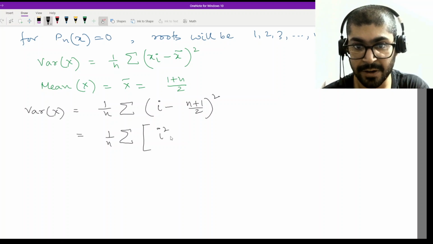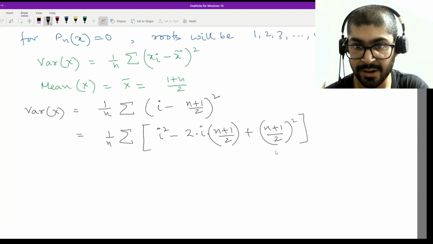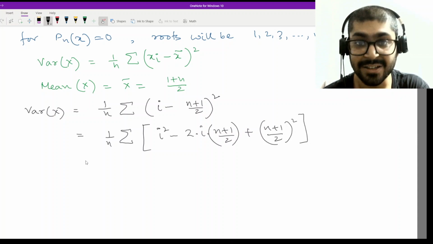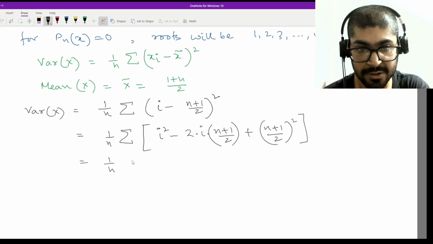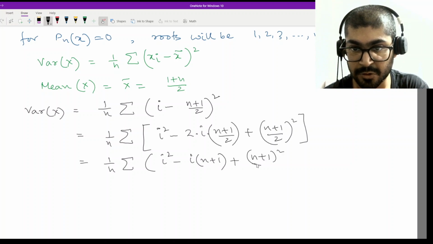That will be i square minus 2 into i into (n plus 1) by 2, plus ((n plus 1) by 2) whole square. Clear? Now I can just multiply that 2 and get it cancelled. So it will be sigma of i square minus i into (n plus 1) plus (n plus 1) whole square by 4.